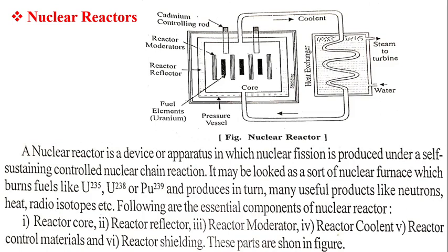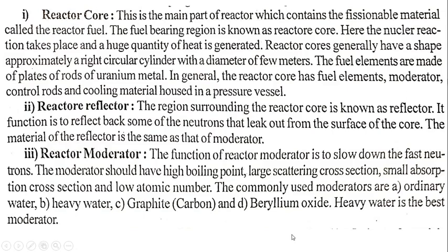The essential components of a nuclear reactor are reactor core, reactor reflector, reactor moderator, reactor coolant, reactor control material and reactor shielding. These parts are shown in the figure. Now, reactor core.